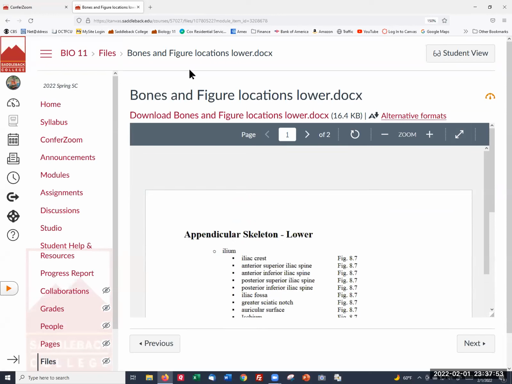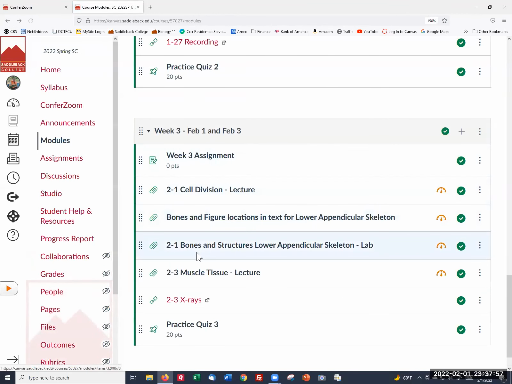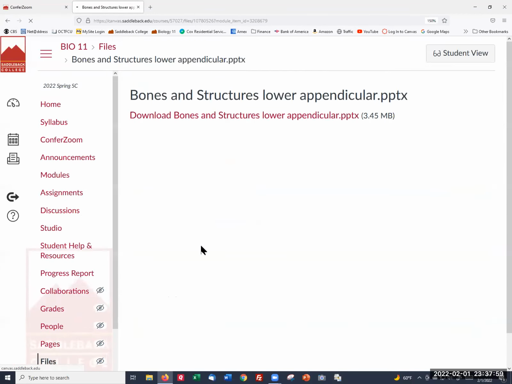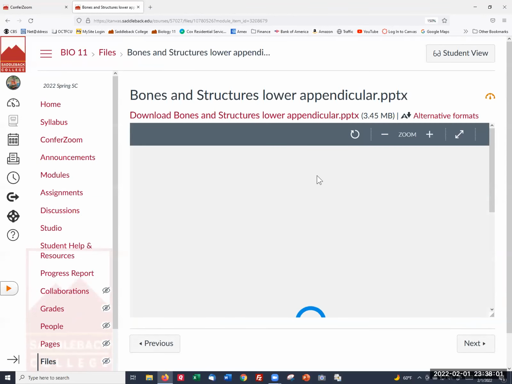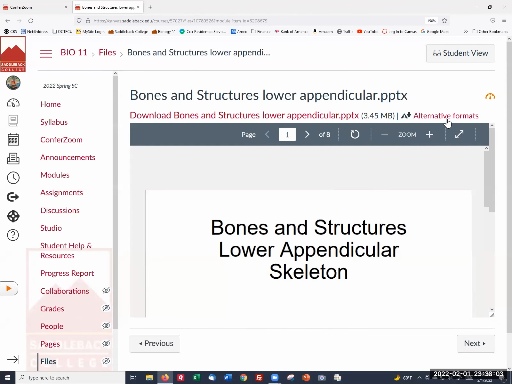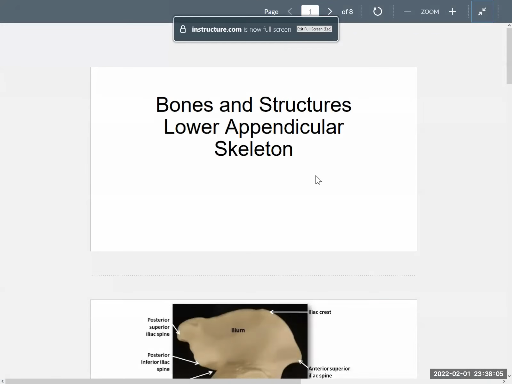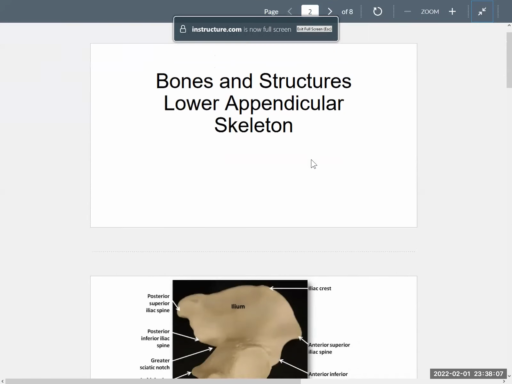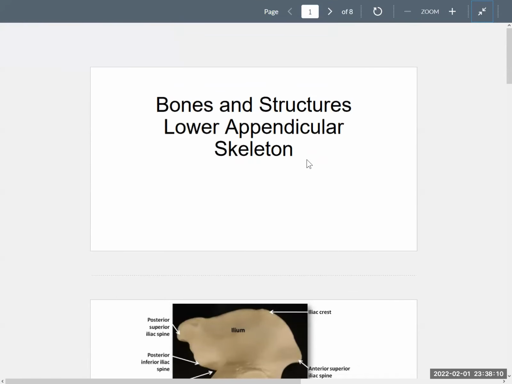Anybody that wishes certainly can go ahead. I like my method. Okay, these are the bones of the lower appendicular skeleton. Remember how many bones are in the appendicular skeleton?